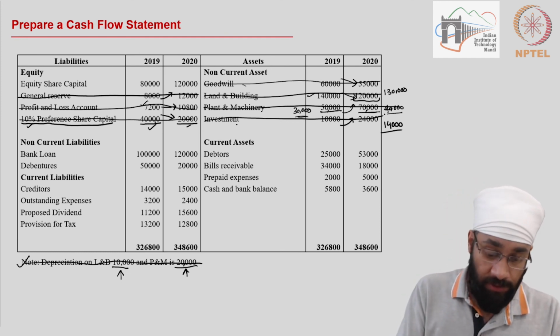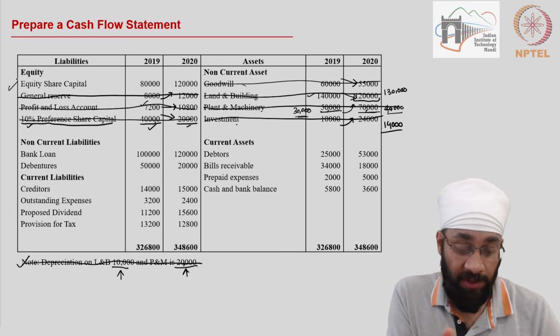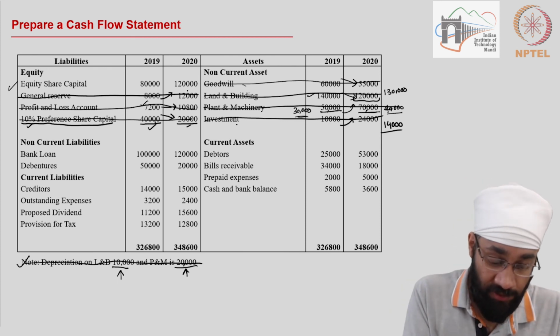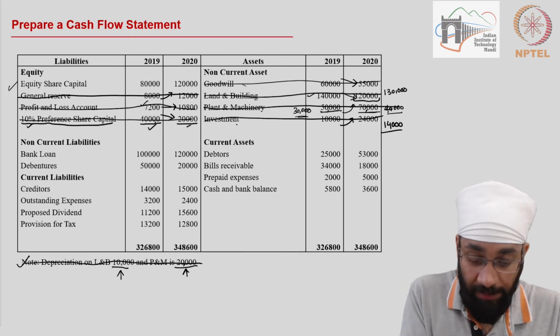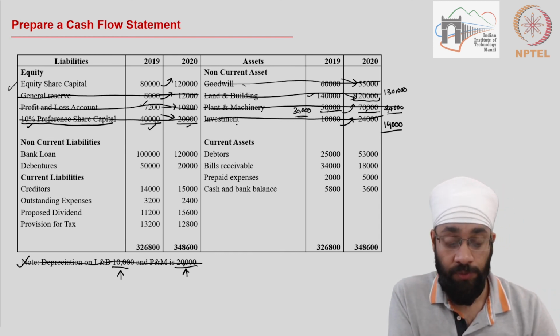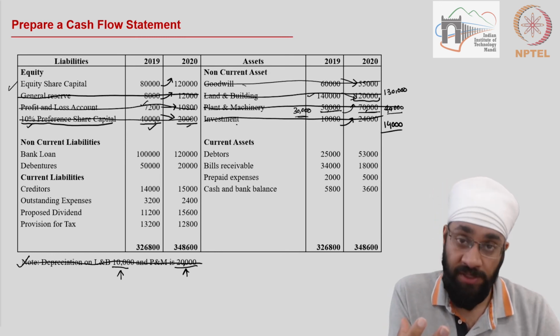All right. Now there is only one item left on the liability side in the top half. So just for my mental satisfaction, let me do this first. Equity share capital goes up from 80,000 to 120,000, which means more shares have been issued against which cash inflow has taken place.